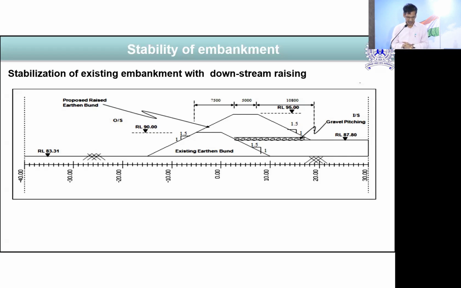So that was the name. This is also with 1:1.5, and only the gravel pitching or the drainage layer has been connected. All other things, 5 meter minimum, 7.5 meter, are as usual.